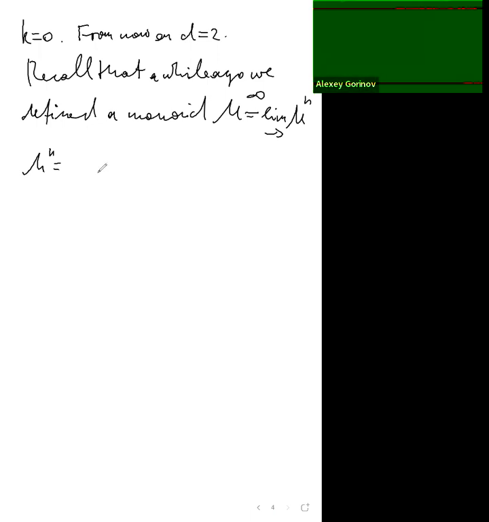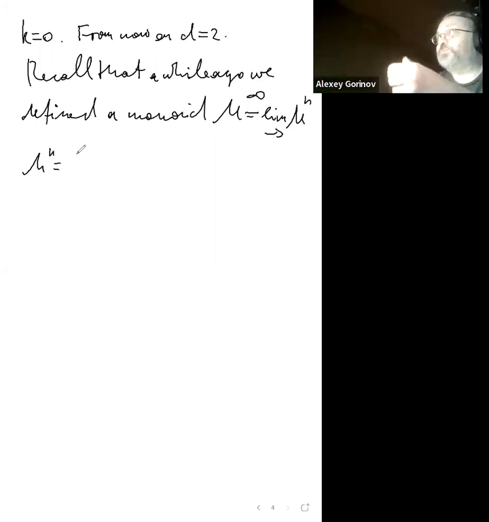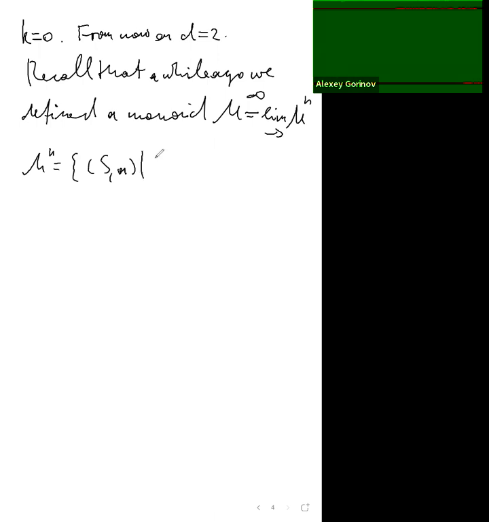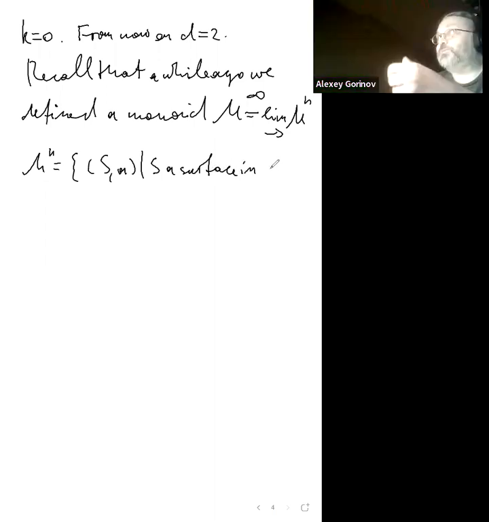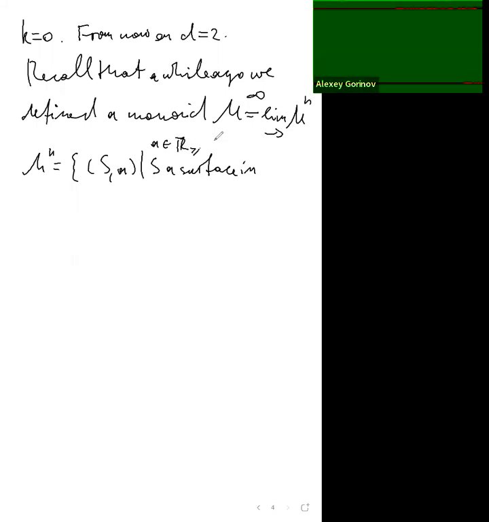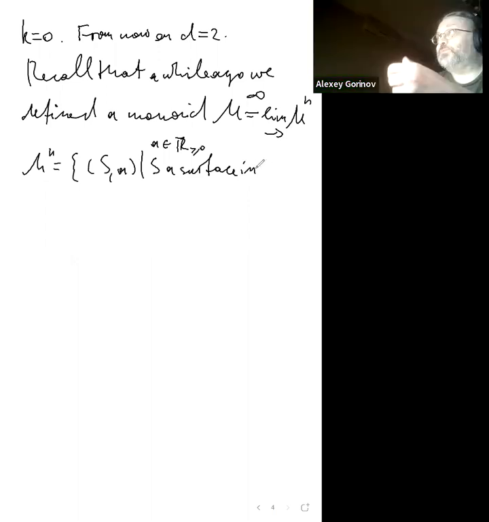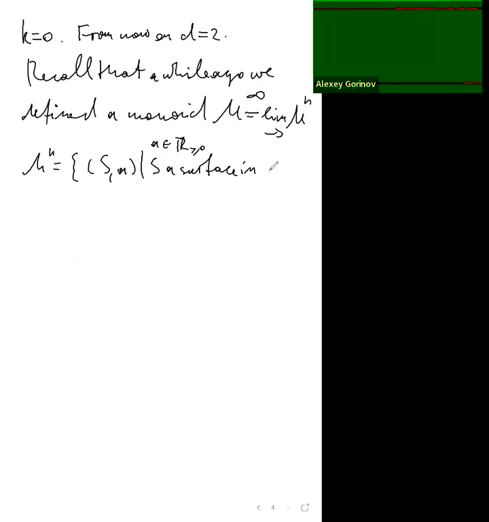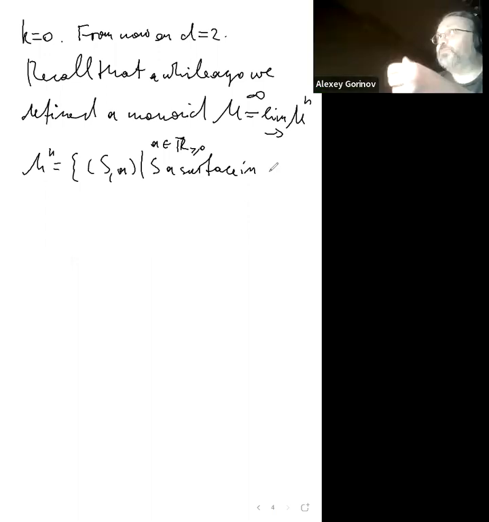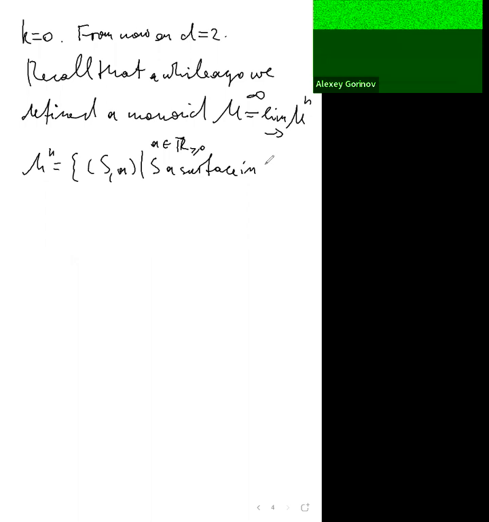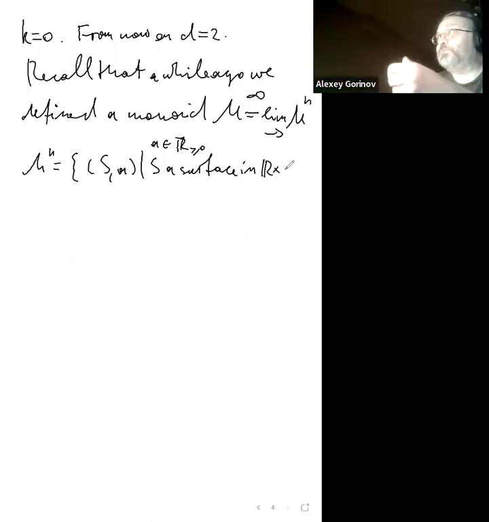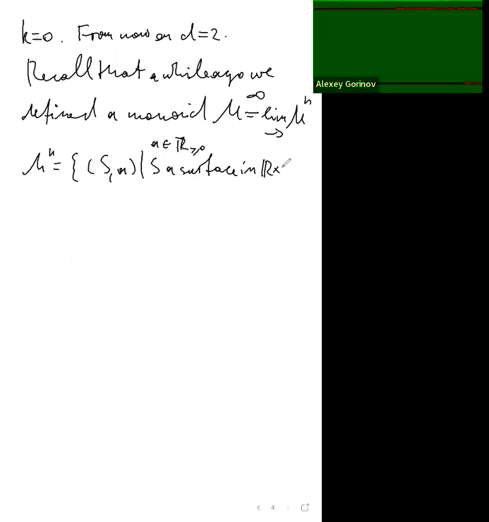And what is Mn? Well, it's the space of surfaces in, well, A is a real number, non-negative. A is a surface in R cross, not R cross.